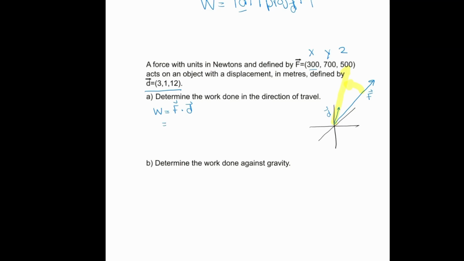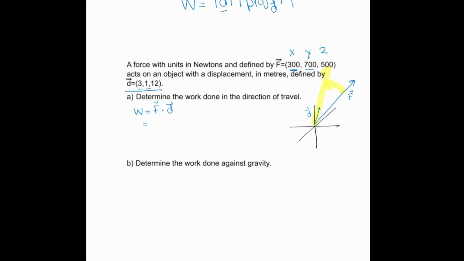Now remember, the dot product tells me that I'm taking my x values multiplied together plus my y values multiplied together plus my z values multiplied together to get a new scalar value, to find out what the actual amount of work being done is.